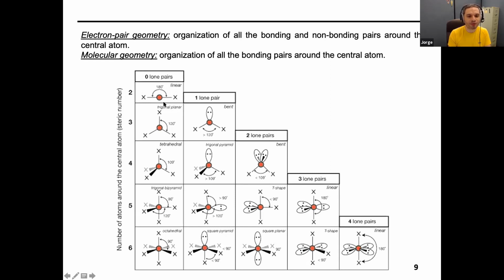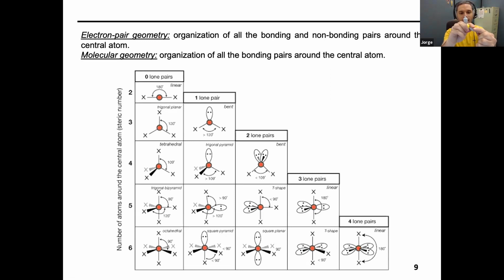Let's see the nitrate case. We have steric number equal to 3, no lone pairs around the central atom. Therefore, the molecular geometry is going to be trigonal planar. We had determined that the electron pair geometry is trigonal.